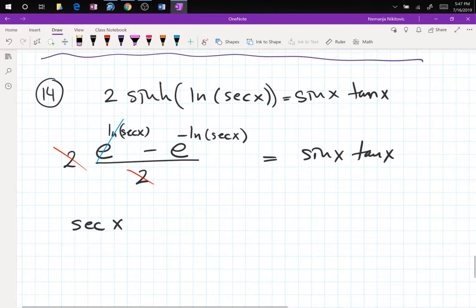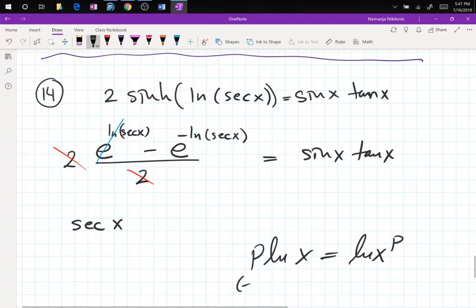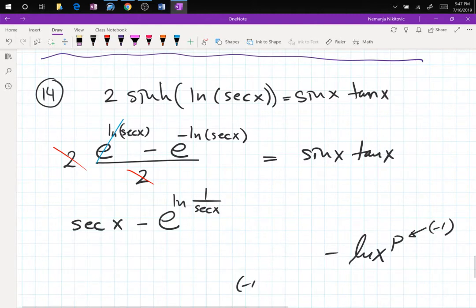You use the power rule. P ln x is ln x to the P. And that P is now -1 because it's just minus ln. So you have minus e to the ln of 1 over secant x because that -1 went inside.